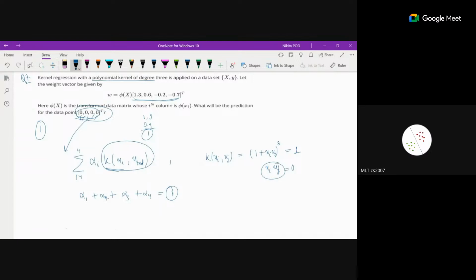So 1 plus 0, cubed, is just going to be 1. So k of x1 comma x test is equal to 1, k of x2 comma x test is equal to 1, and so on. That is why this value turned out to be just the summation of all these alphas, and that is just 1.